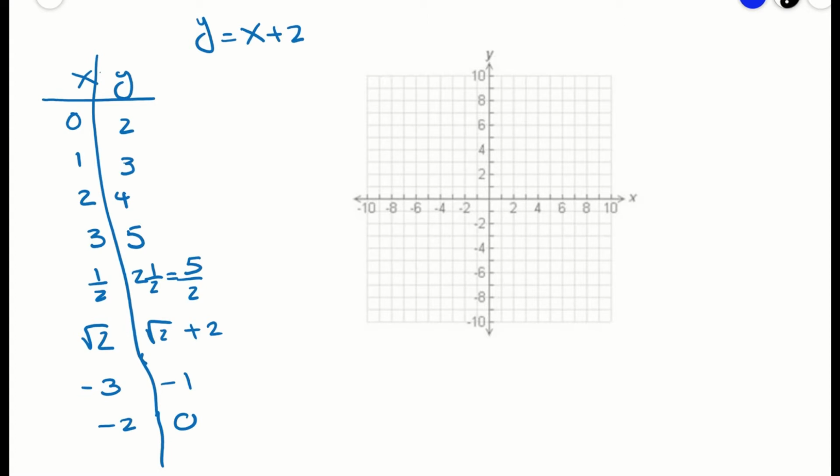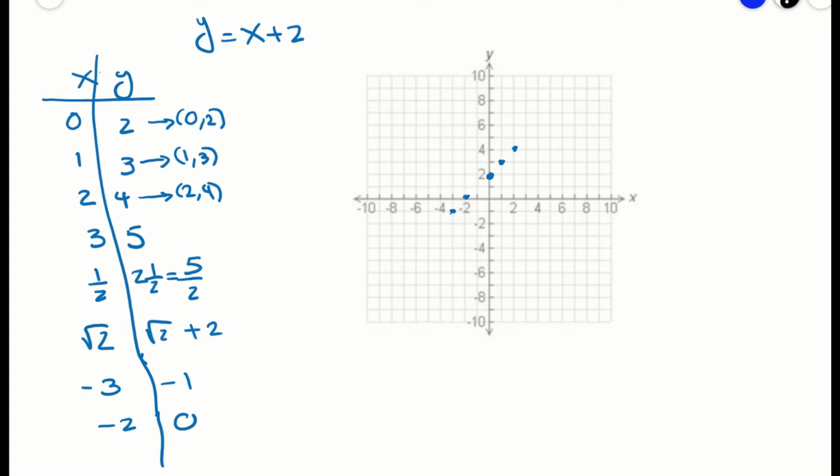Remember that this first solution can be represented using the ordered pair (0, 2), this one using the ordered pair (1, 3), this one using the ordered pair (2, 4), etc. So (0, 2) will be right there, (1, 3) will be right there, (2, 4) will be right there. Even if we do some negative ones, (-3, -1) and (-2, 0). Notice what happens? They all line up.